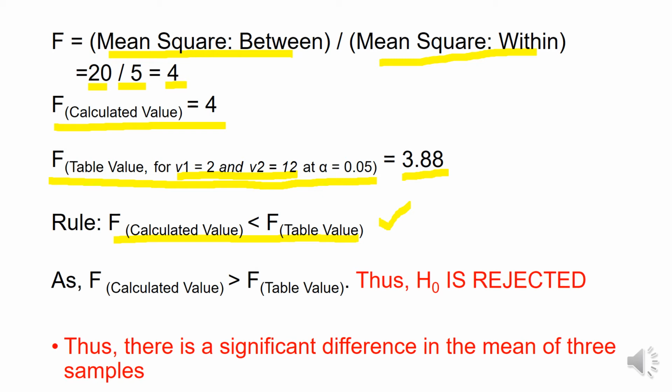Now in our case, the f calculated value is equivalent to 4 and the f table value is equivalent to 3.88, which means f calculated value is greater than the f table value. So the rule gets nullified, which means the null hypothesis H0 is rejected, which concludes that there is a significant difference in the mean of 3 samples which are given in the numerical.